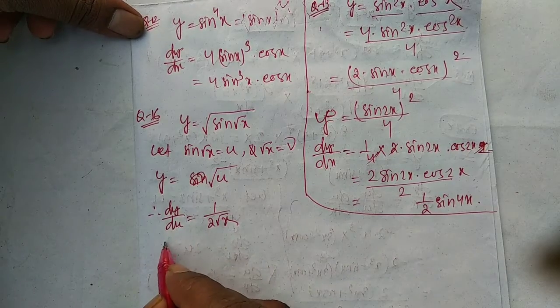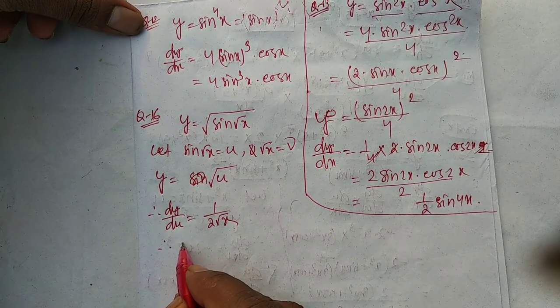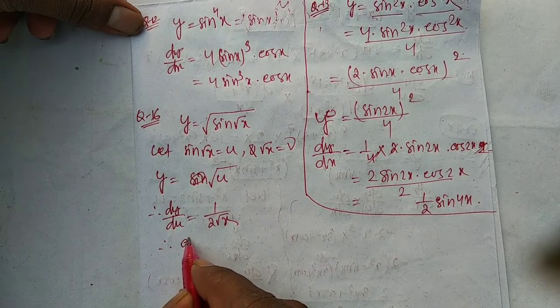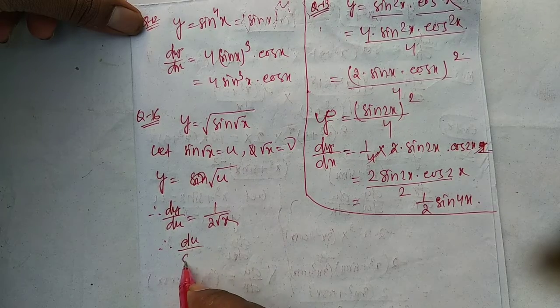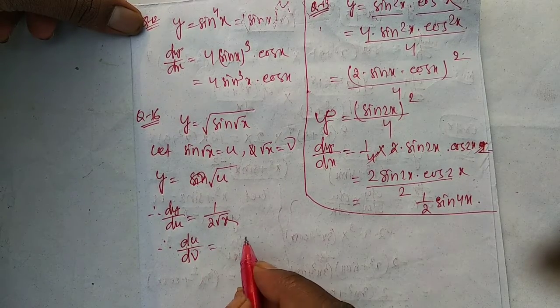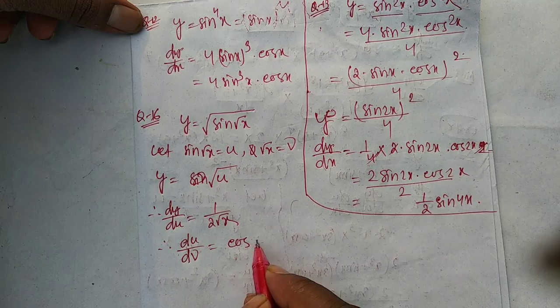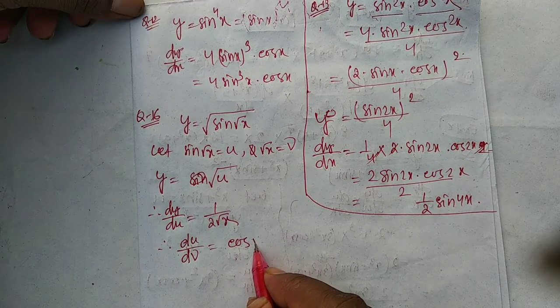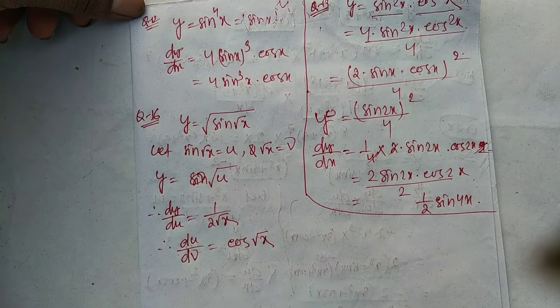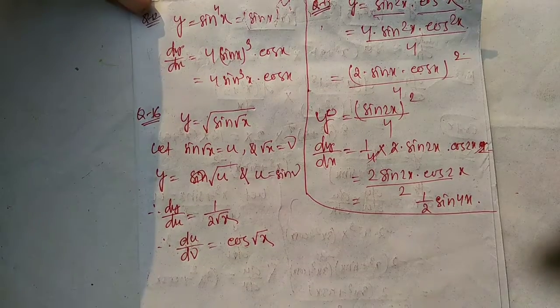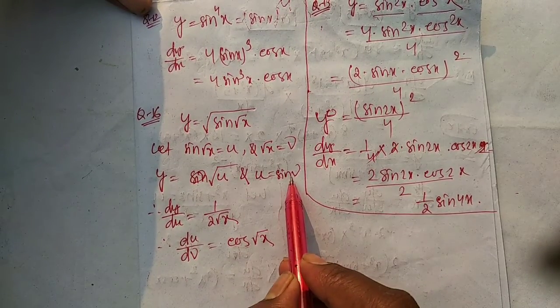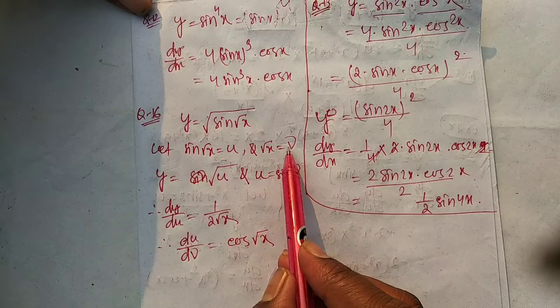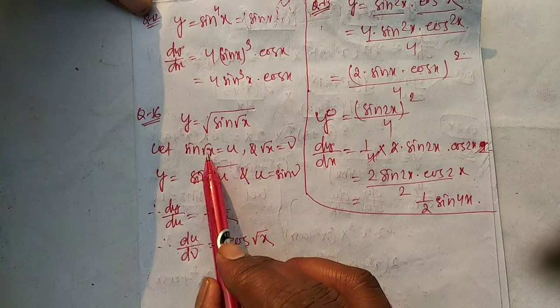Again du by dv will be how much? cos root x. Here u will be sin v. Why? As the value of v is equal to root x, u will be sin v.